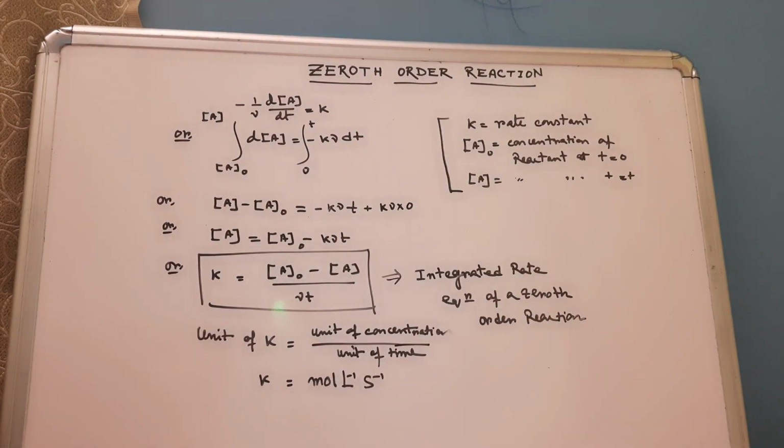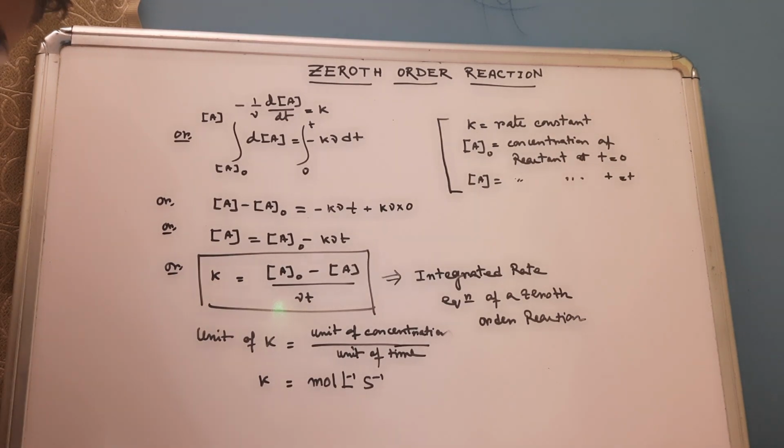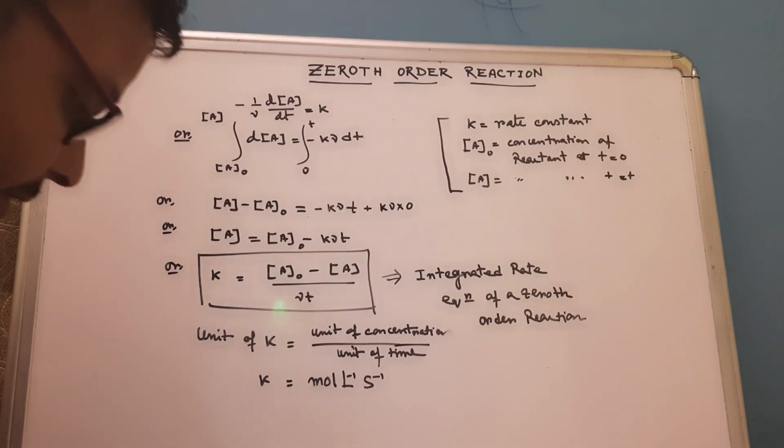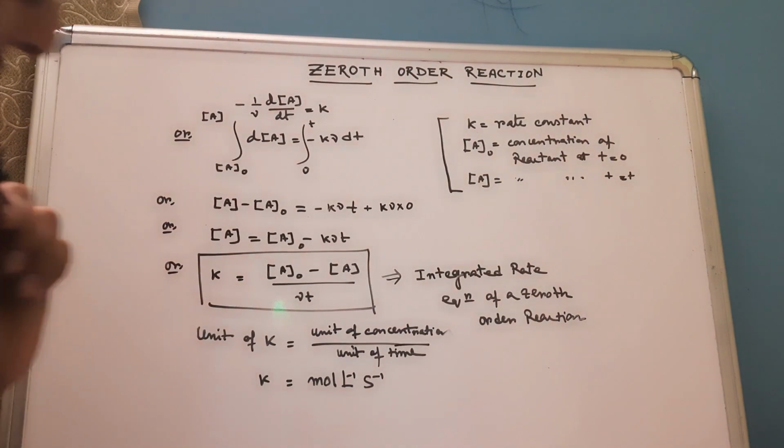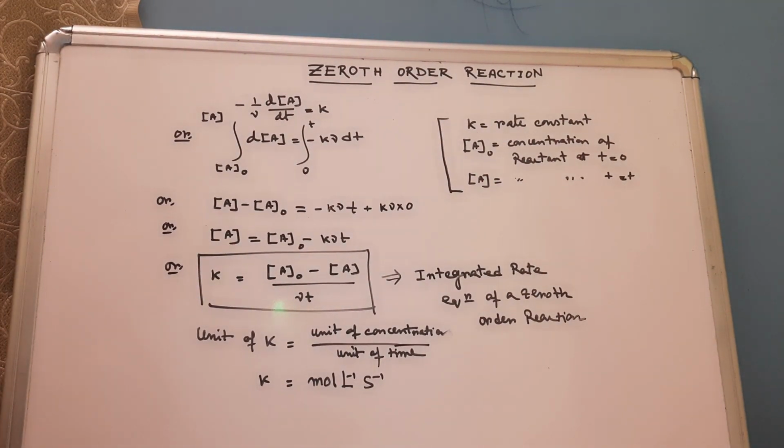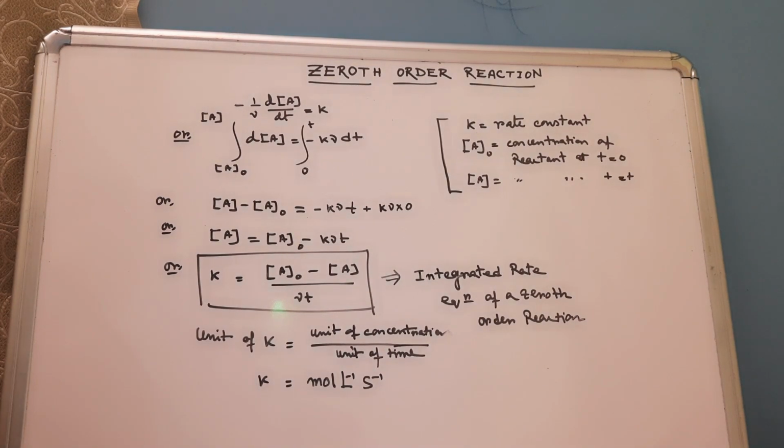So my dear students, hope you can write down the things. Next, in the next session, we'll derive the half-life period of a zeroth order reaction. Please write down the things.